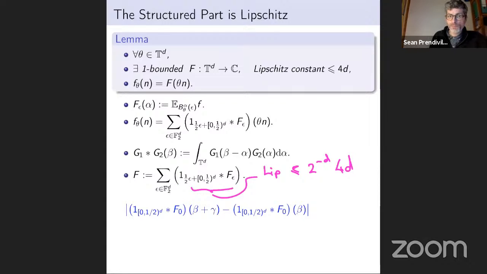If that's true, then by the triangle inequality, when I sum over all these choices of epsilon, I get a function with Lipschitz constant at most 4d. So I'm just going to verify this for the choice of epsilon equal to all zeros.